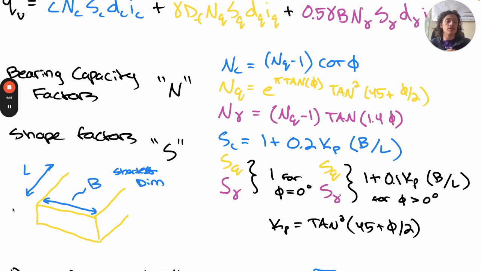And sometimes this needs to get adjusted if there is an eccentric load on the footing. So the footing isn't loaded concentrically, it's loaded eccentrically. And we're going to use a smaller value for B and for L to account for a smaller portion of the footing that's actually picking up that load.